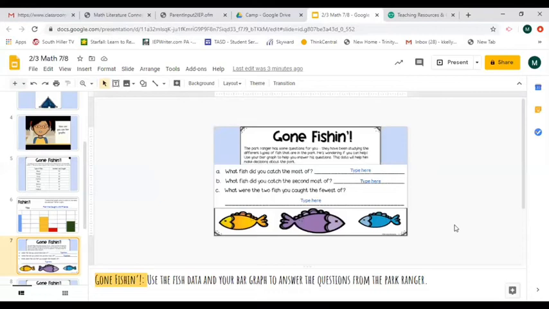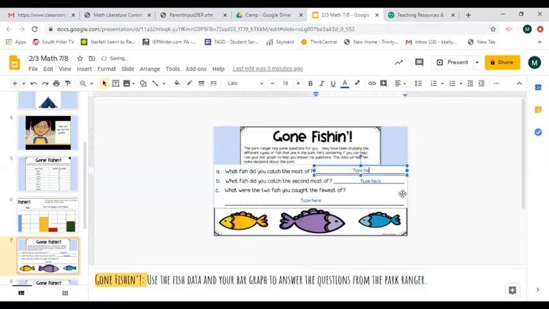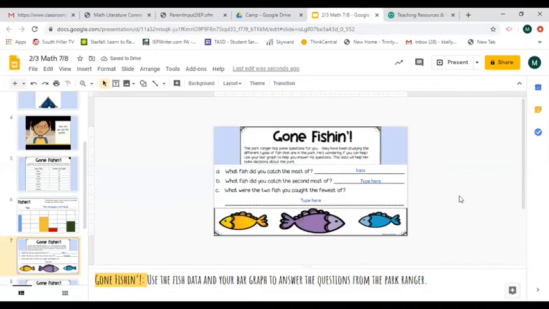How many fish did we catch the most of? I say that we caught the most bass. Remember our bass, we caught 90 of those, and it was our tallest bar on our bar graph. So that means that there were the most.